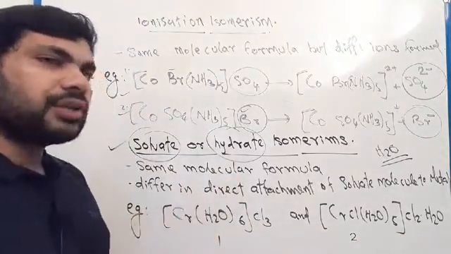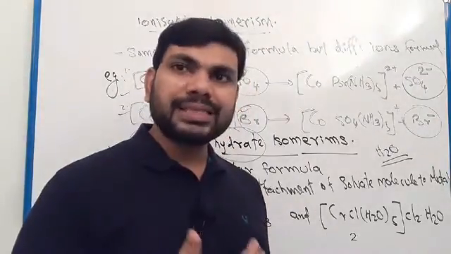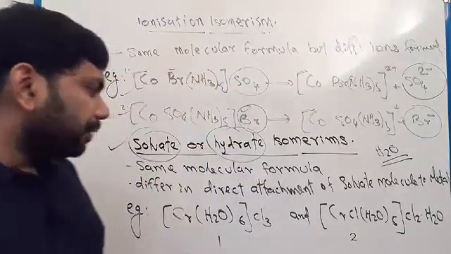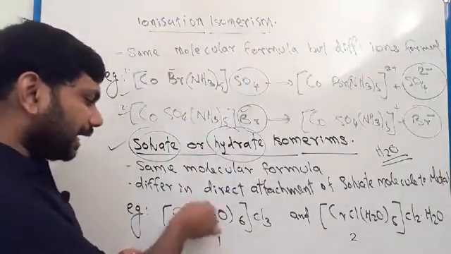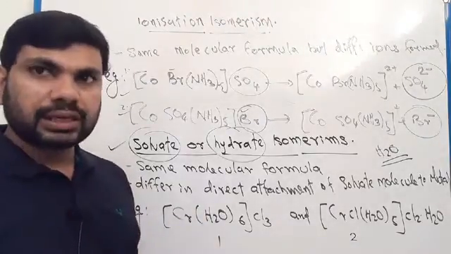Each compound contains the same number of atoms, so they have the same molecular formula, but the number of water molecules directly attached to the central metal atom is different.